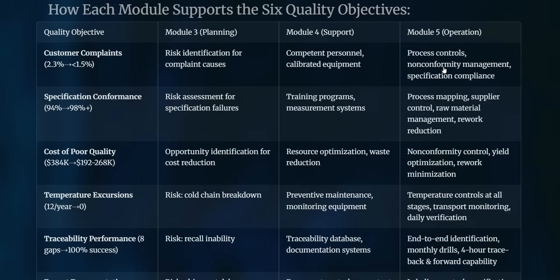Through Module 3 planning, the risk of cold chain breakdown has been identified, and then in Module 4, which is support, preventative maintenance and monitoring equipment have been provided. Today, in Module 5, temperature controls at all stages, transportation monitoring, and daily verifications are going to be implemented.